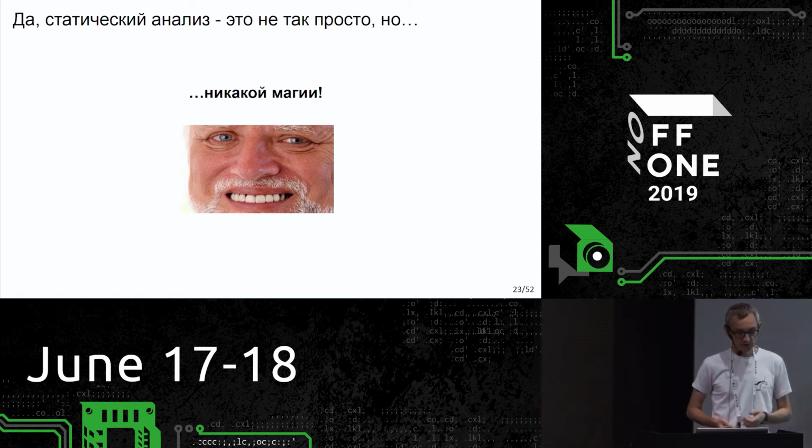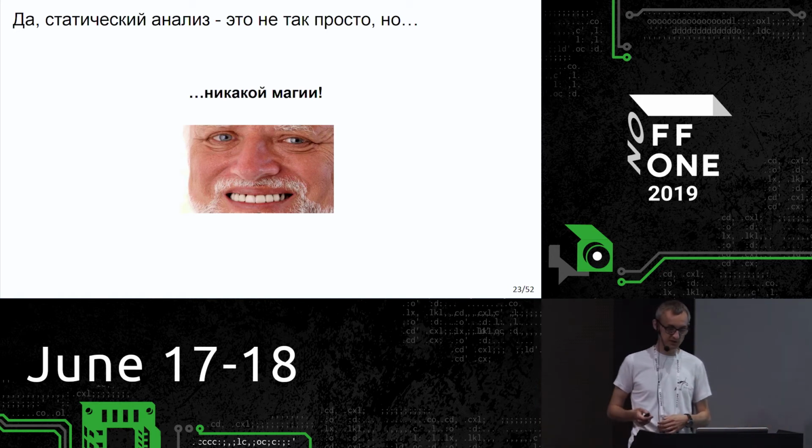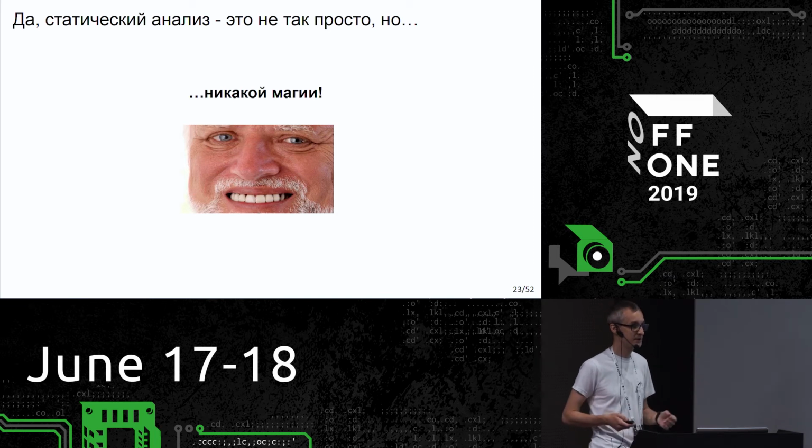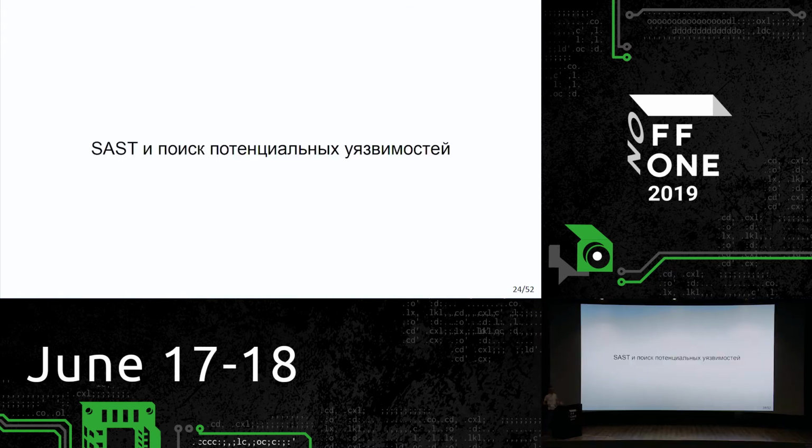And again, to reiterate on the thought I've started with, there's no magic. It's not very simple, but no rocket science. And we're going to the next part, asking what is SAST.